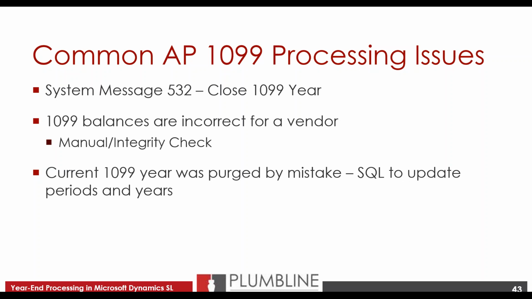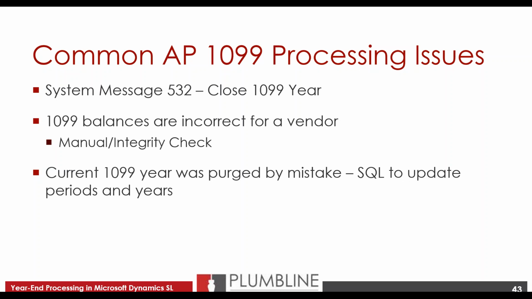If our two open 1099 years are still 2018 and 2019, you will receive this error message printing your AP checks. So you would need to go to the 1099 calendar year control screen, choose the option to purge the oldest year, and go ahead and begin processing in there. That'll roll your two years forward, making 2020 an open year. You will then be able to issue AP checks with a check date of 2020.